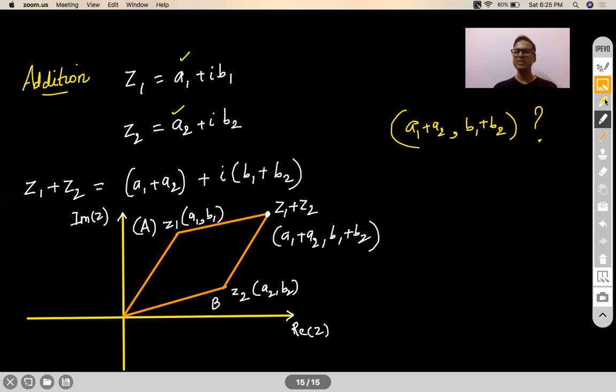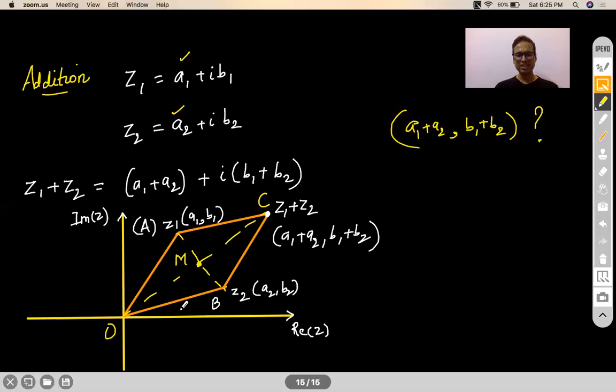Right? Why is it very easy to prove? See, if you make a parallelogram, we know that in a parallelogram, the diagonals bisect each other, correct? So let's say I call this M. So M is the midpoint of not only AB, but also of OC, let's say I call this point C for the time being.